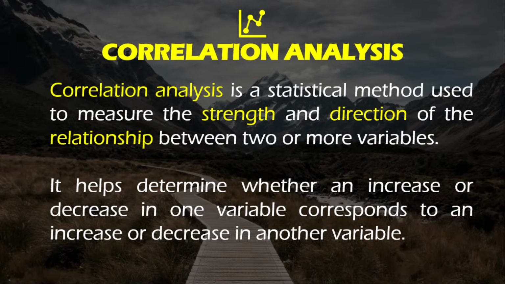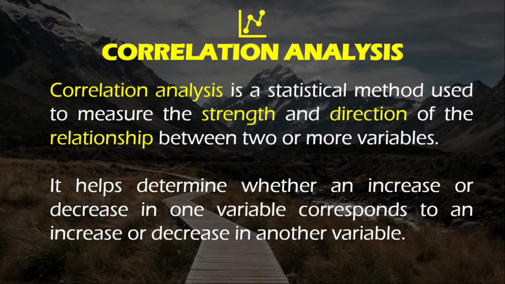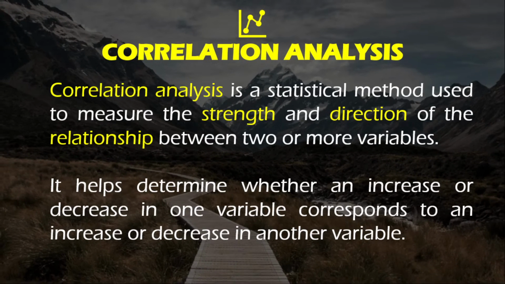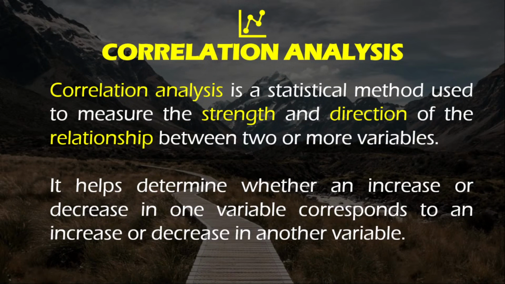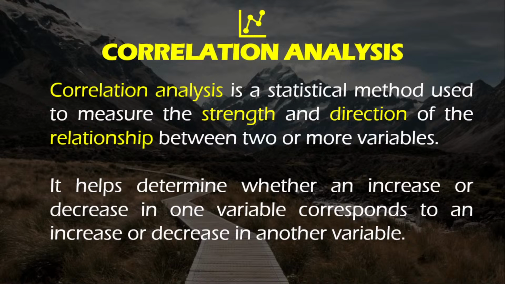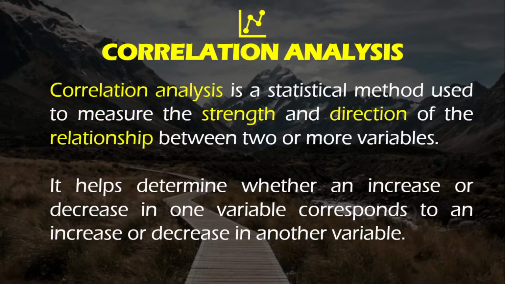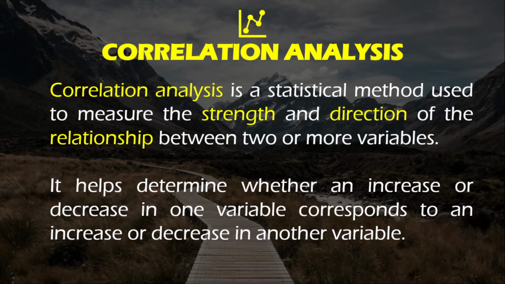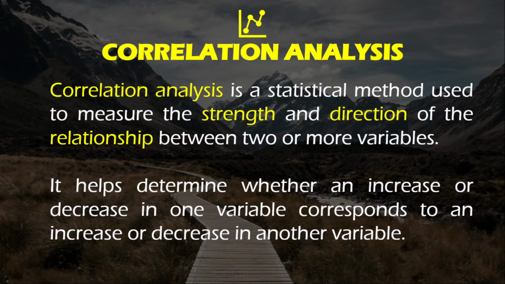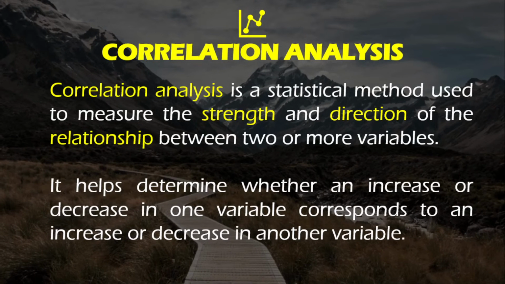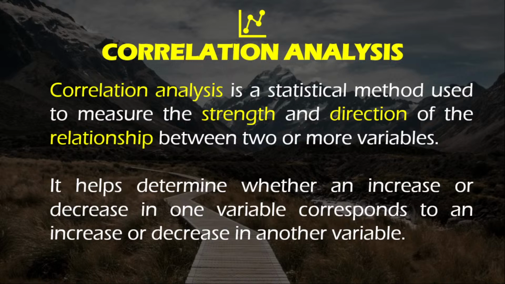That is what correlation analysis helps us achieve: to check the strength of the relationship. How strong is this relationship? What direction is it headed? That is why when I teach this course, I put them under a common subject called relationship.